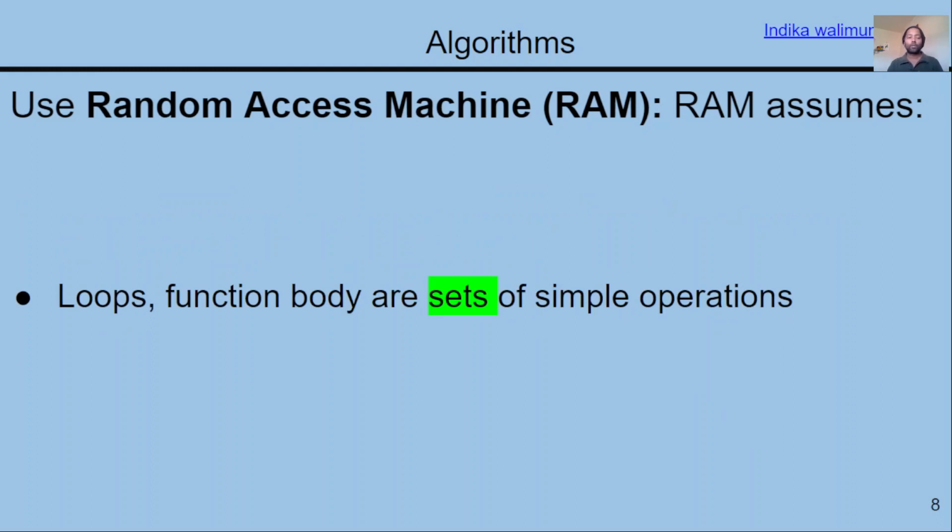Okay. So loops and function bodies consist of sets of simple operations. They consist of more than simple operations, okay, they are sets of simple operations.